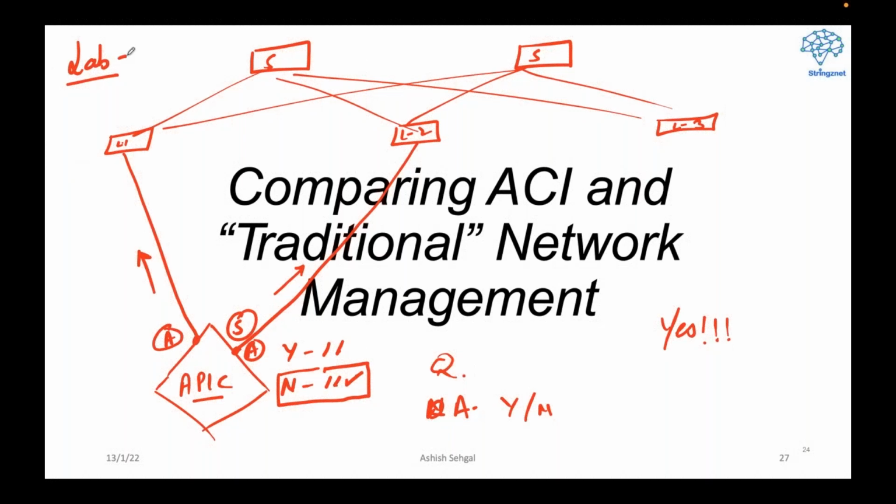So the very first lab, probably before even starting the main labs, is our fabric provisioning, wherein we will understand how the provisioning of this entire ACI fabric, spine, leaf, and the controller connectivity happens.